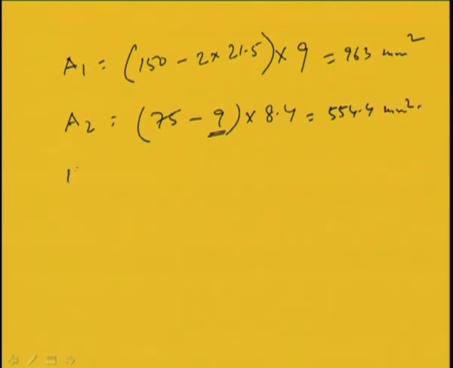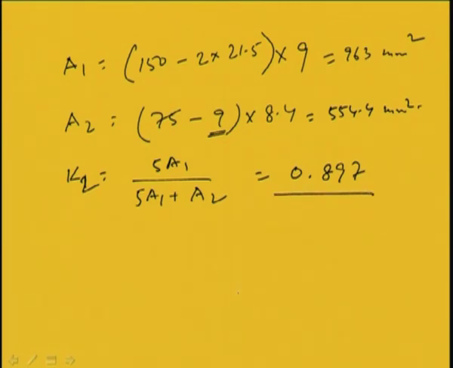Now I can find out the K value, as per codal provision 5A1. Say this is actually called K2. K2 is 5A1 by 5A1 plus A2. After putting all those values, where A1 is 960 and A2 is 554.4, I get 0.897.